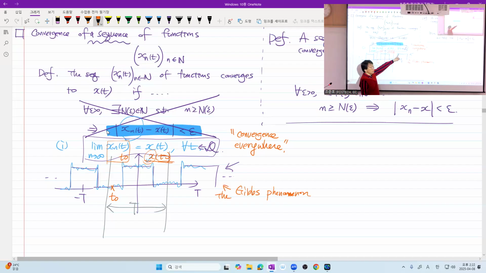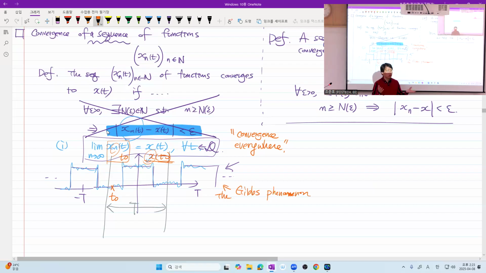At this discontinuity, the maximum overshoot and undershoot amounts do not vanish, meaning they do not disappear, even though you increase the terms to infinity, arbitrarily large.